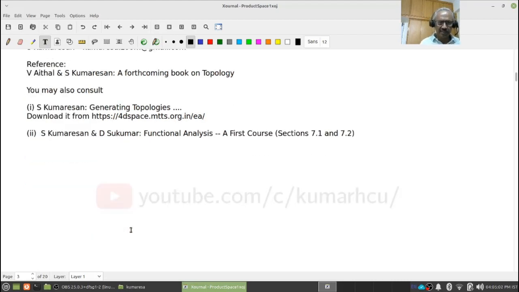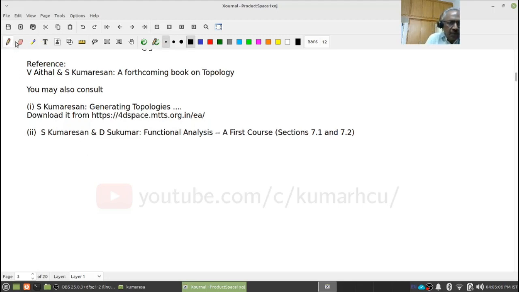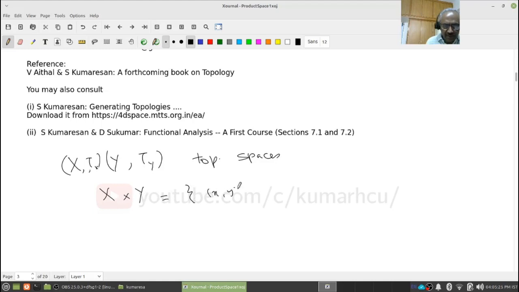Okay, let's get started. So suppose I have two topological spaces X and Y. If you want to think of them, (X, τ_X), (Y, τ_Y), two topological spaces. Then let's look at the Cartesian product X × Y. This is a set of ordered pairs, as all of you know, (x, y) so that x belongs to X and y belongs to Y. This is just a set at present.